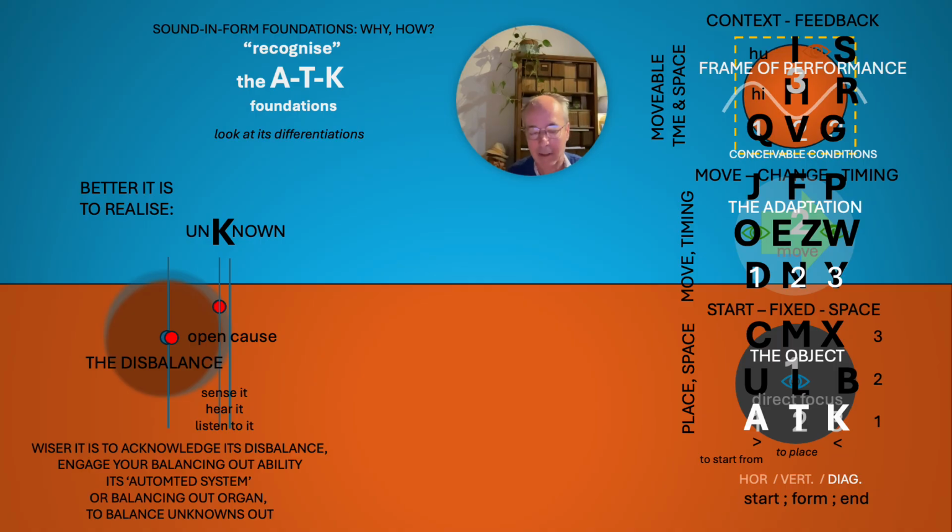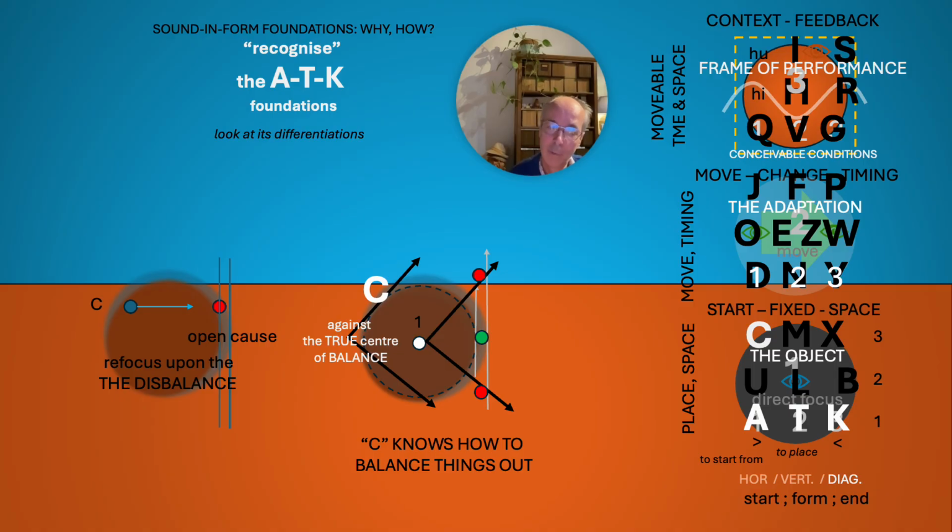So that imbalance is even equally important as trying to learn, trying to see what is clear. The unclearness is even more important. So then I refocus myself from that position onwards. Okay, I realize that there's something different. I have it as an open cause, and that I follow with the letter C. I refocus on the disbalance, and I also balance it out against my own center of balance that I have, which is at the same time also in disbalance.